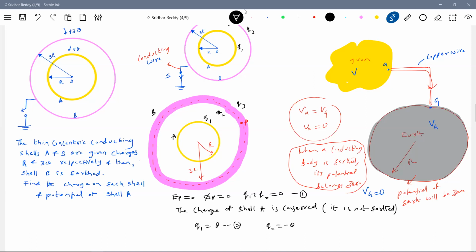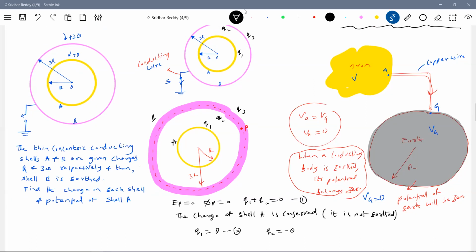So what all the charges did we get? Please notice shell B is earthed, shell A is not earthed. So the charge of shell A is conserved because it is not earthed. What was the earlier charge given? Q. The charge will remain the same as it is, Q1. Then from equation 1, Q2 equals minus Q. We have to calculate this charge.